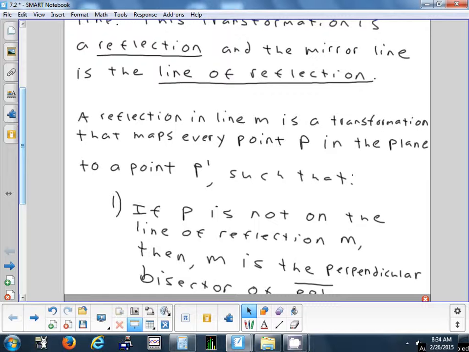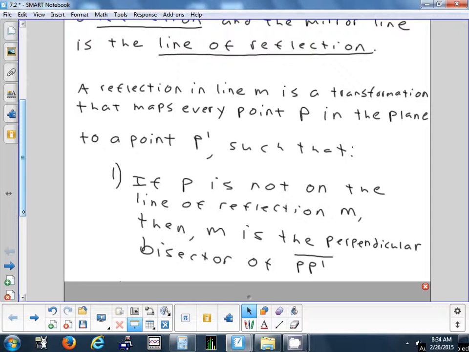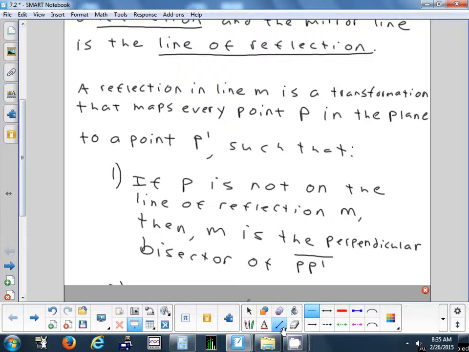If the point is not on the line of reflection, then if you take your original point P and your reflected point P prime and connect them, the line of reflection is a perpendicular bisector of that segment. A simple example: let's say this is point P, and when I reflect it, this is P prime.